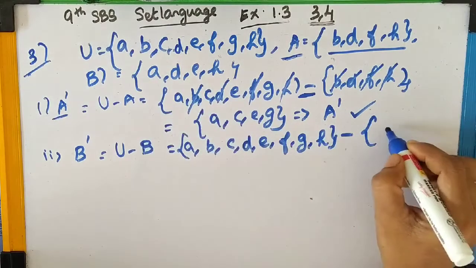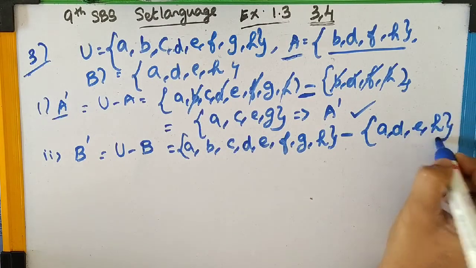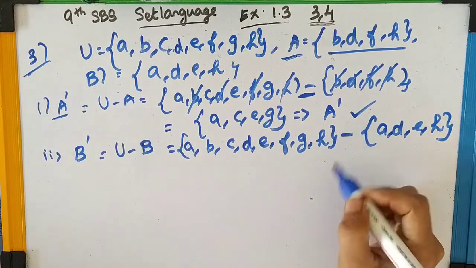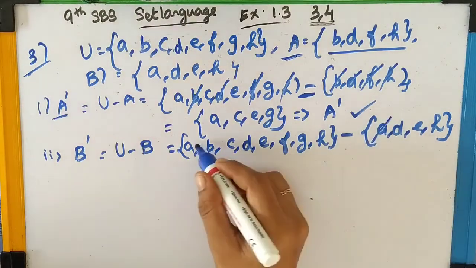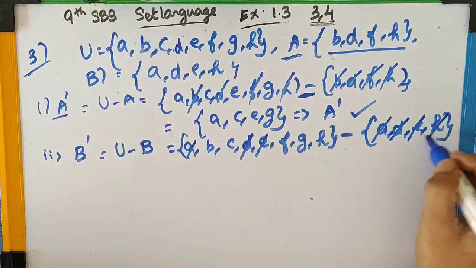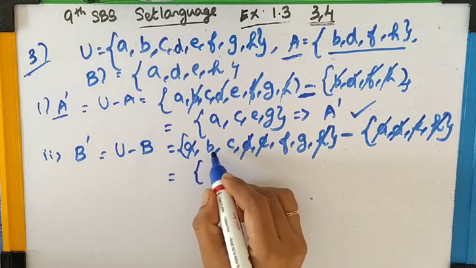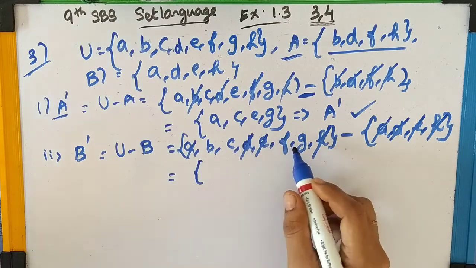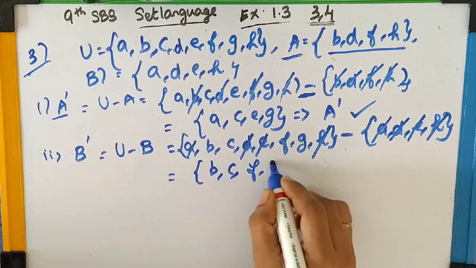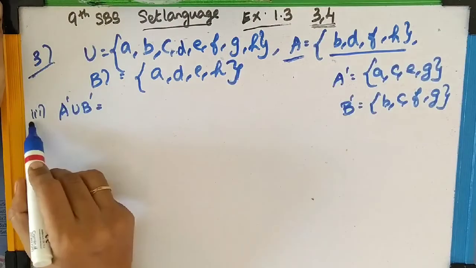A, D, E, H. So what will we do for the difference? Yes, we will cancel the common terms. Very good. A, D, E, H are common, so they are cancelled, and we write the remaining elements in the first set, that is the universal set: B, C, F and G. So this is B dash.